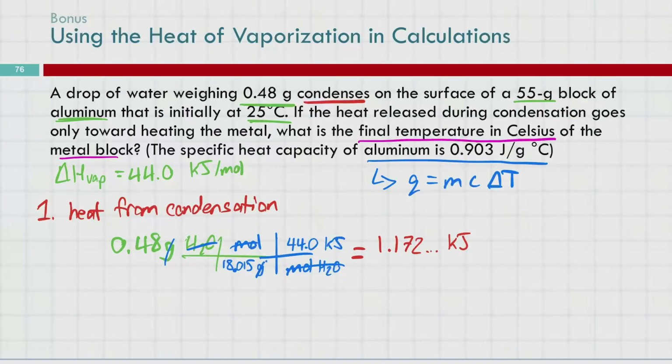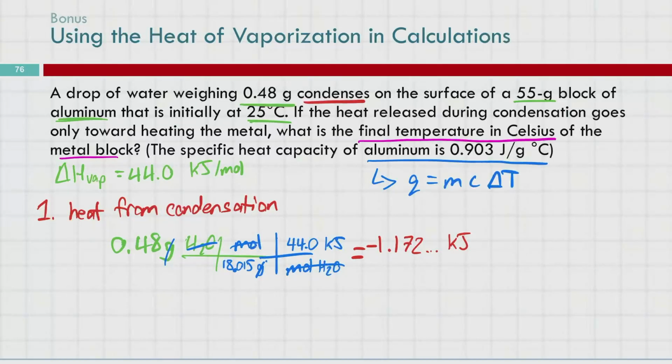Did the water gain or lose heat when it condensed? It lost. So this should have a negative sign in front of it. In a lot of these types of problems with heat change, if you understand how loss and gain work and what that means for positive and negative, you can just fix it.